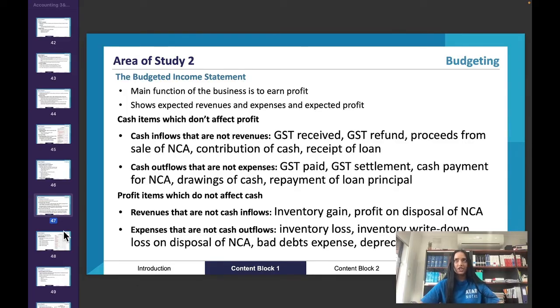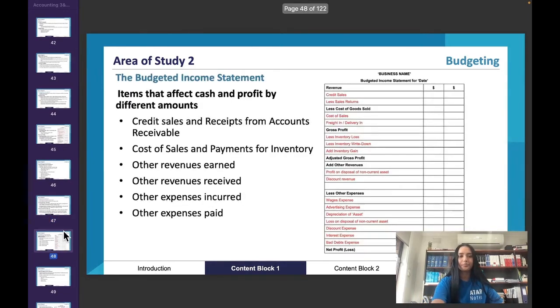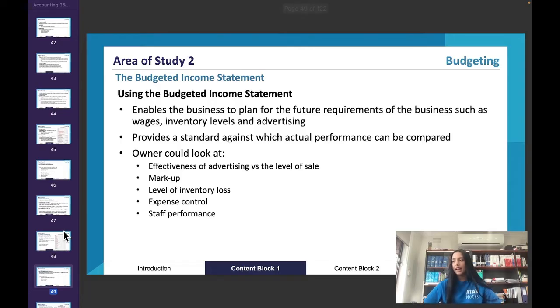There are some transactions that will only affect cash and not profit, some transactions that will only affect profit and not cash, and some transactions that will affect both but by different amounts. Our budgeted income statement allows for us to plan for future requirements and provides a standard against which actual profit performance can be compared.